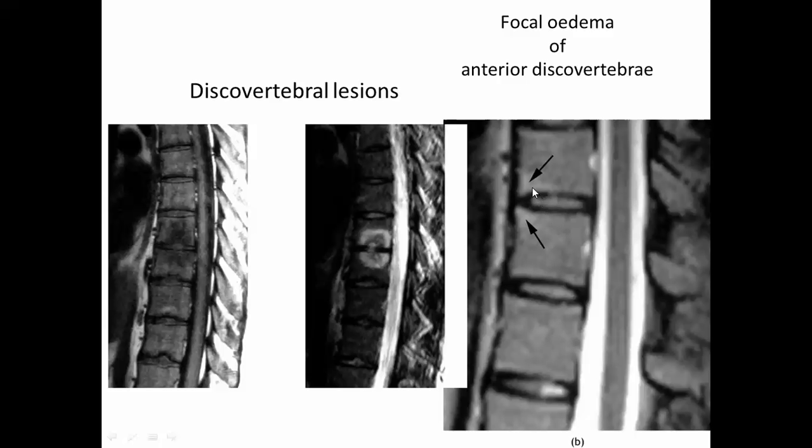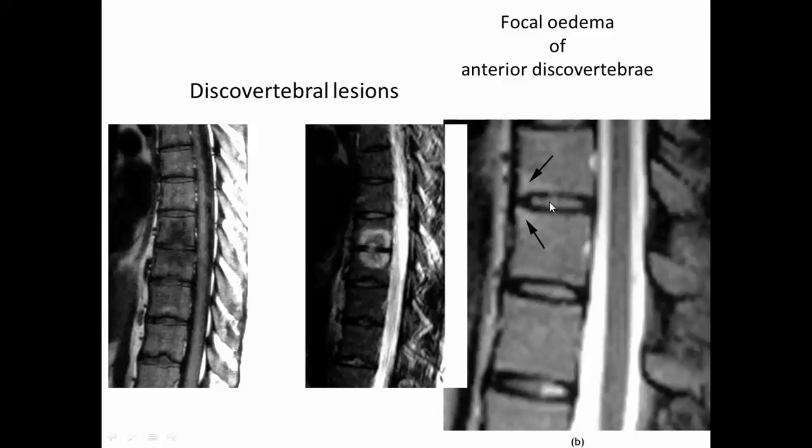And this edema, remember, this early edema of the corners of vertebrae could be due to ankylosing spondylitis. We can see such an appearance frequently, but nobody is aware of that.